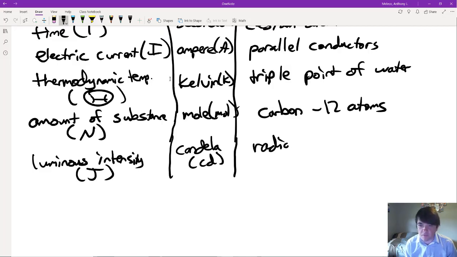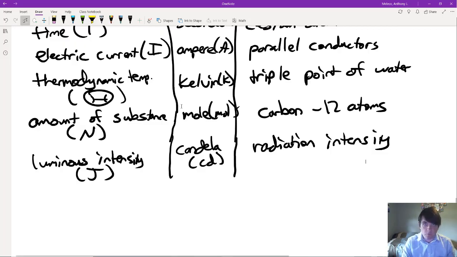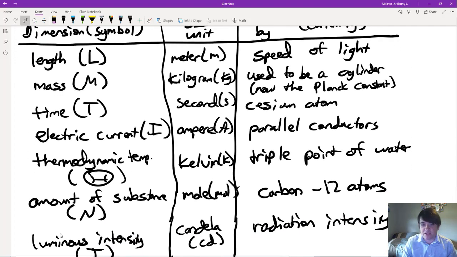It's defined in terms of radiation intensity. So luminous intensity is used to measure how luminous stars are or other objects in our universe, okay? So you would use that if you're studying astronomy or astrophysics, okay?